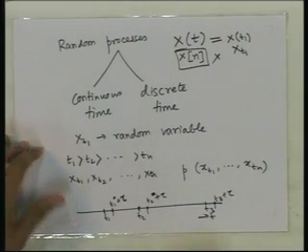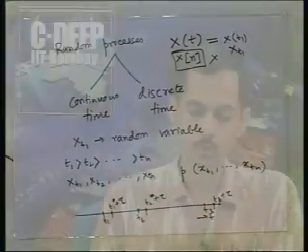If that happens, we say that the random process is stationary.